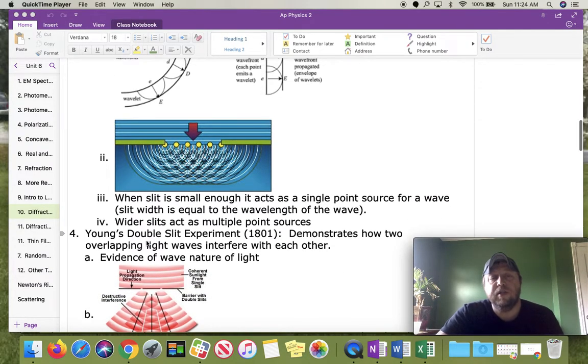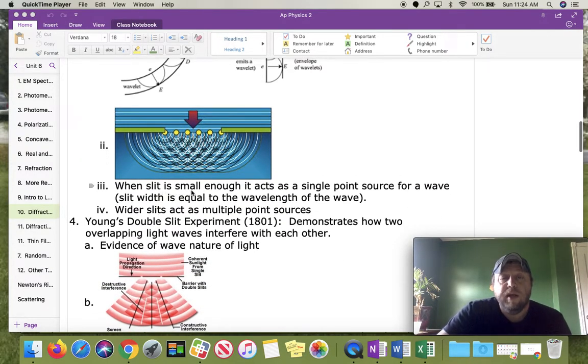I already mentioned this above, but when the slit is small enough to act as a single point source for a wave, then we will end up with a circular wavefront that propagates. So the slit width is equal to or approximately equal to the wavelength. When we get wider slits, we will end up with multiple point sources that interact.